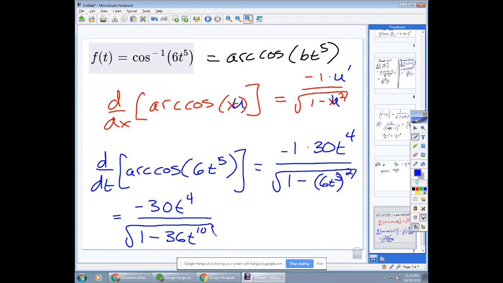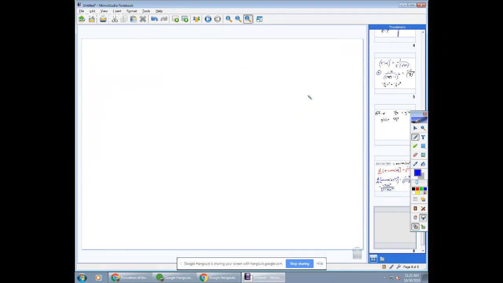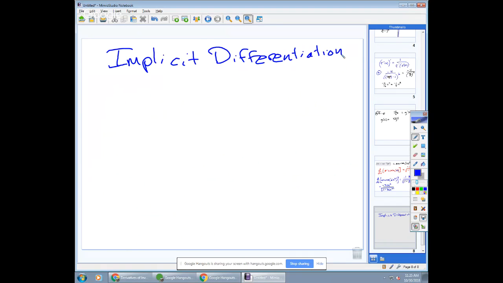So next we're going to play with section 3.8, implicit differentiation. It's pretty cool. And it's actually a pretty simple idea.